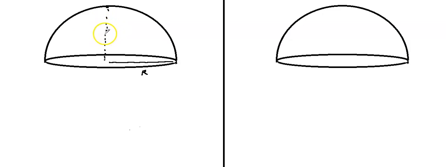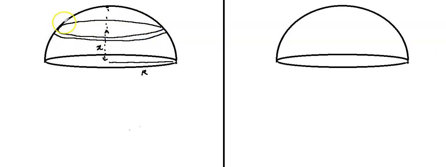So let's consider the volume of one of those disks at a distance x from the center. What is the radius of this disk? Let me actually draw the disk. It's going to look something like this.